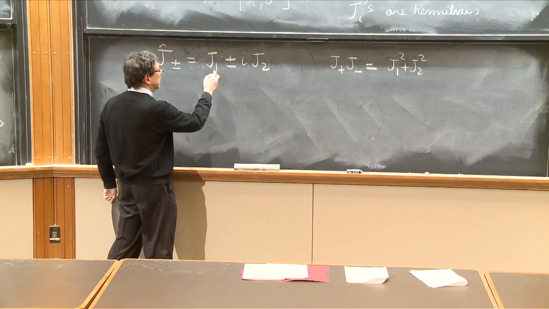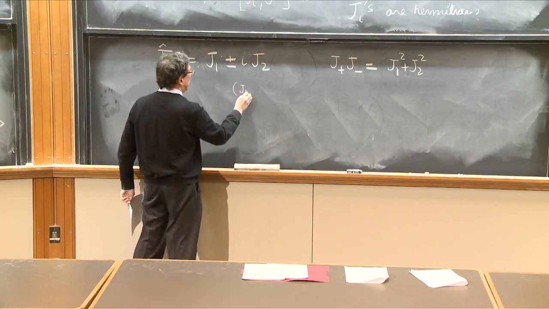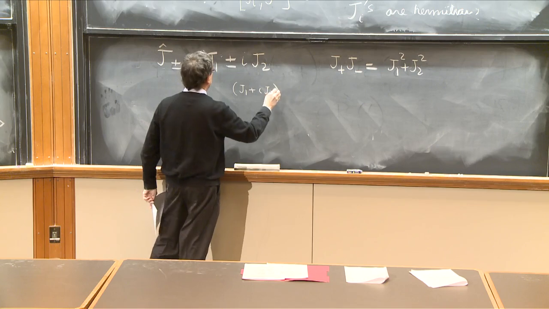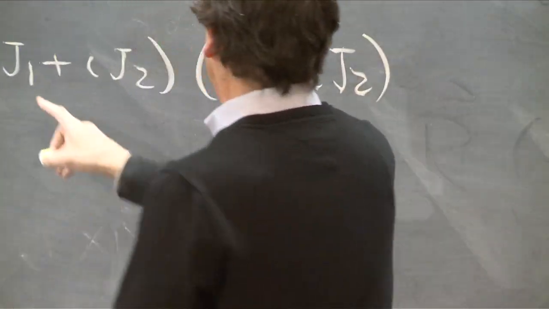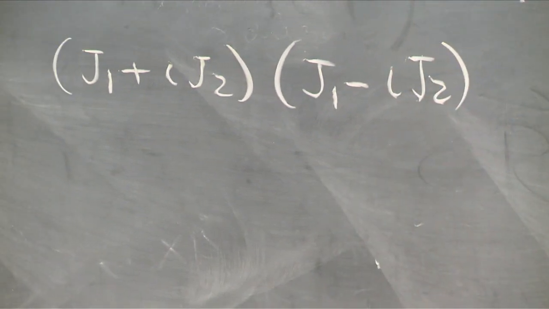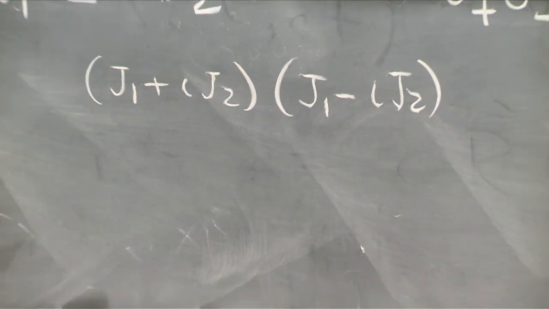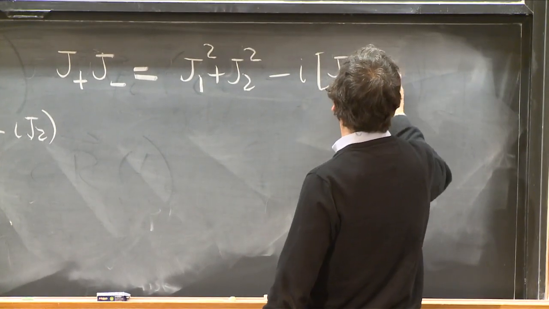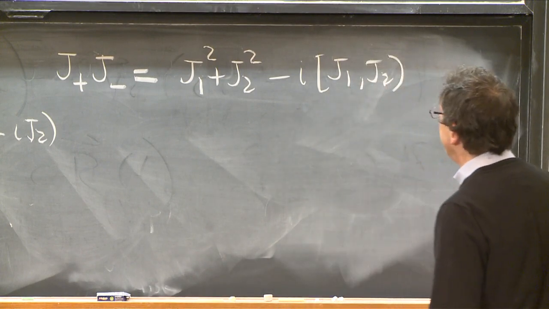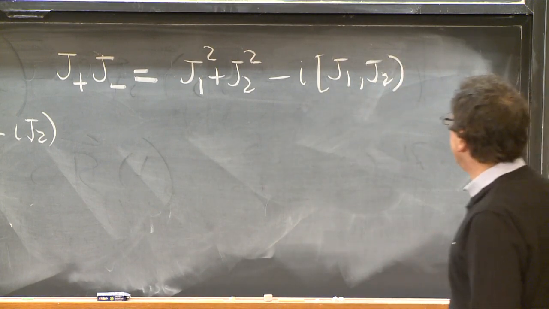So J plus times J minus would be (J1 plus iJ2)(J1 minus iJ2). The next term would be minus i J1, J2 commutator, and that's i h bar J3.